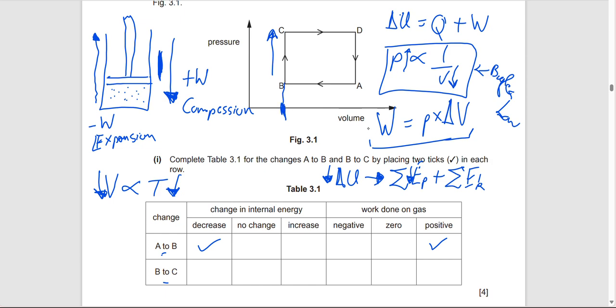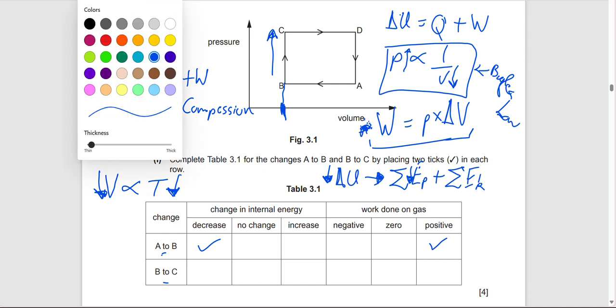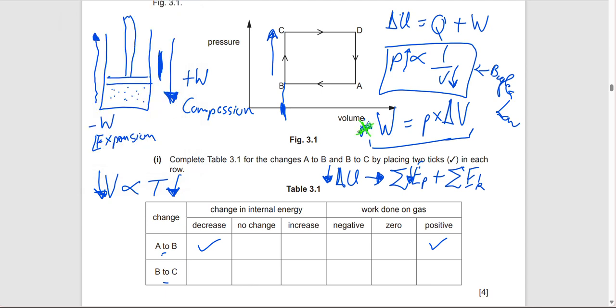Using this equation that I've marked in green, the work done is pressure multiplied by the change in volume. If the change in volume is equal to 0, that's P times 0. So therefore the work done on the gas here is equal to 0.